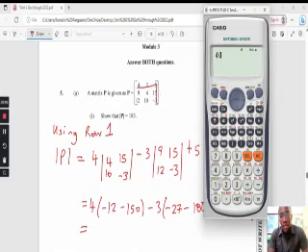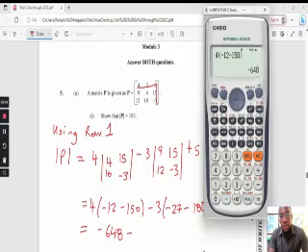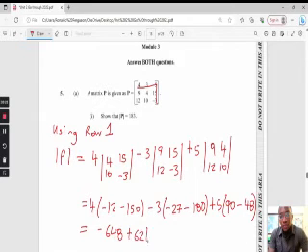So 4 in bracket minus 12 minus 150, that's negative 648. Then minus, well, it could be plus. Let's see, negative 3 in bracket negative 27 minus 180, that's positive 621.